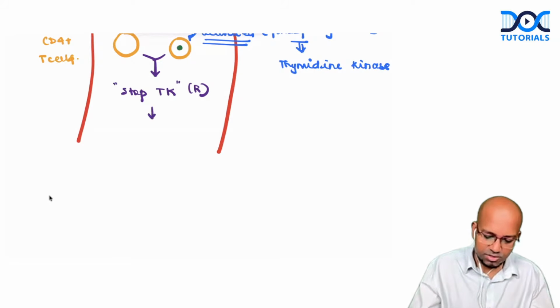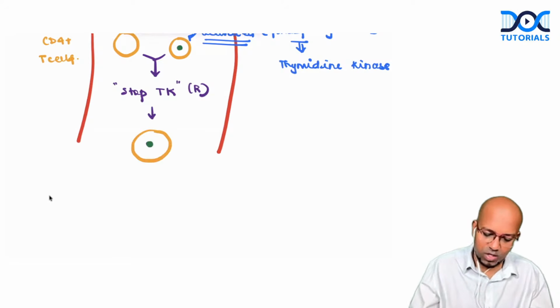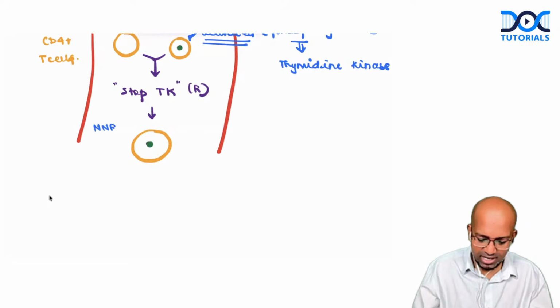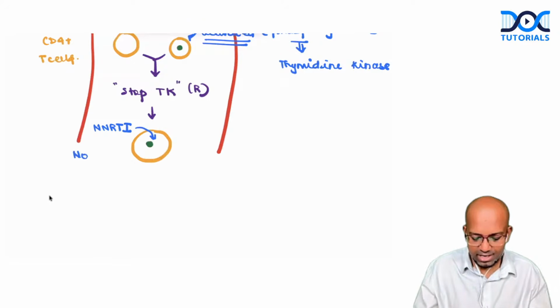The next step here is, again, we have the same cell which is infected with the virus. Now, we don't administer an NRTI, we administer an NNRTI, non-nucleoside reverse transcriptase inhibitor. This non-nucleoside reverse transcriptase inhibitor will gain entry into those cells only if it is infected with the virus, which means there is no need for thymidine kinase.